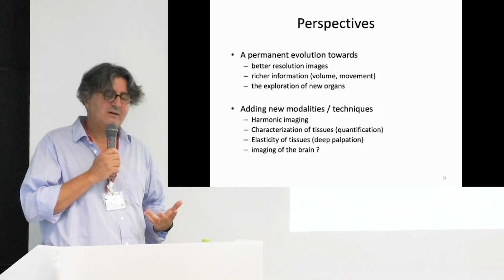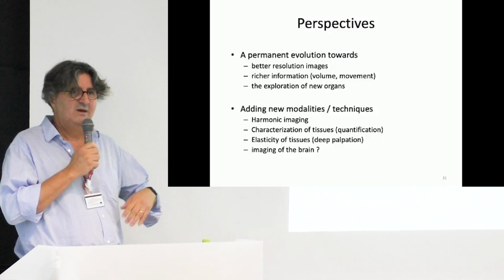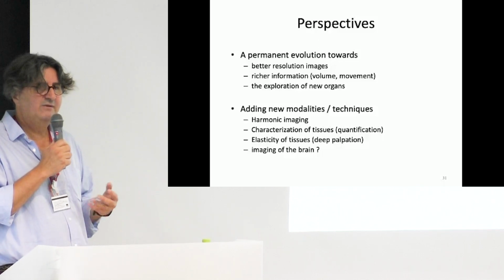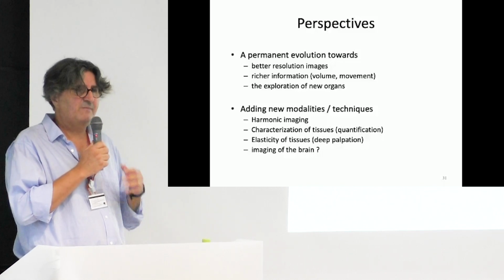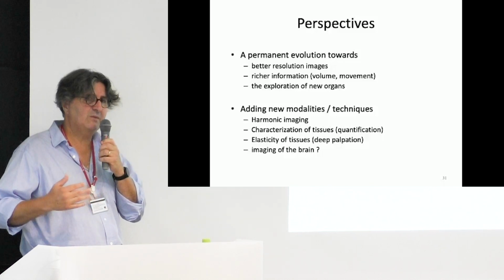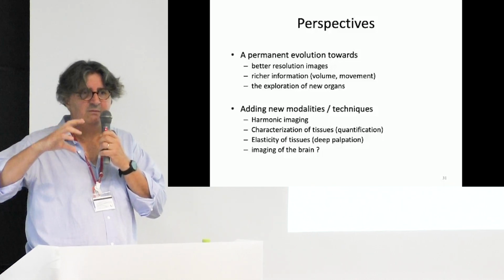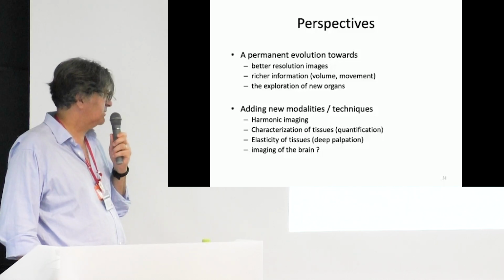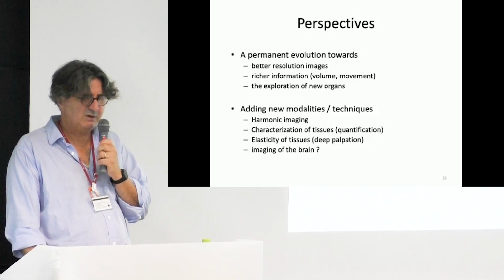In tissue elasticity, deep palpation is equivalent to soliciting the shear component of the tissue and trying to image this shear component. What is interesting is that the shear component has a huge difference between a good area and a bad area. And I have already talked about imaging of the brain. This is also a nice perspective.